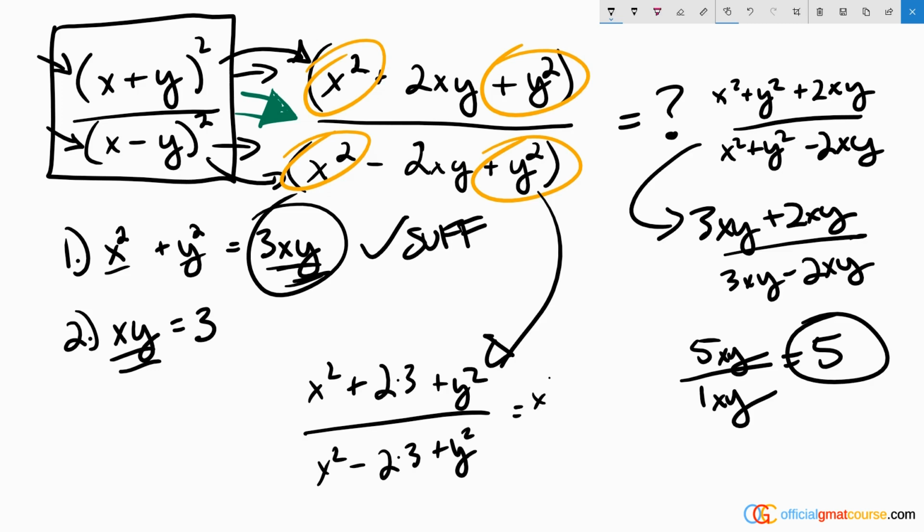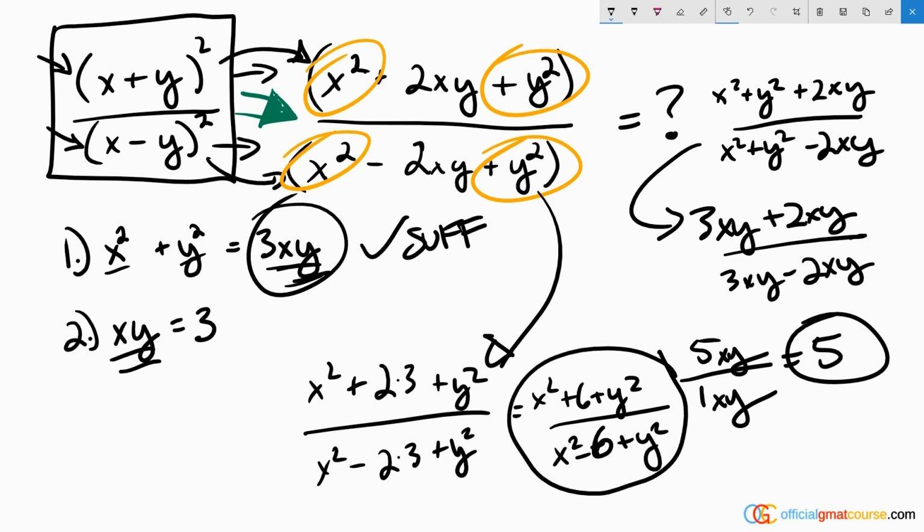What we get out of this situation is x squared plus 6 plus y squared over x squared minus 6 plus y squared. And this is not going to simplify. So there's nothing nice and easy that comes out of this situation, and we're unable to determine what the value of that original expression was up here. So that would mean this is insufficient, and answer choice A is our answer.